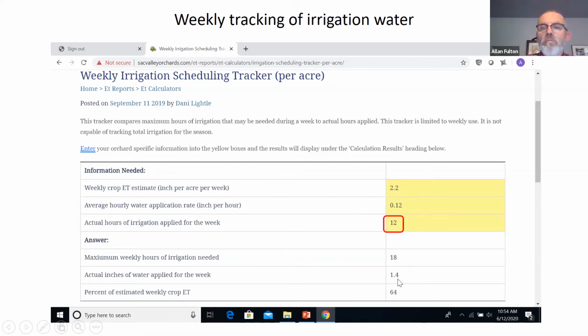So at this point, we've only applied 1.4 inches, or 64% of the ET that was estimated to be used last week, because we've only applied 12 hours up to this time. And this shows the 18 hours is the maximum estimate needed, applied 1.4 inches up to this point, which is 64% of the reported amount needed.